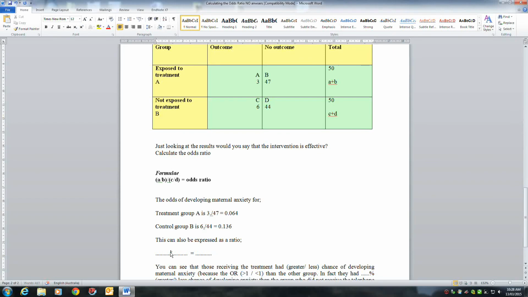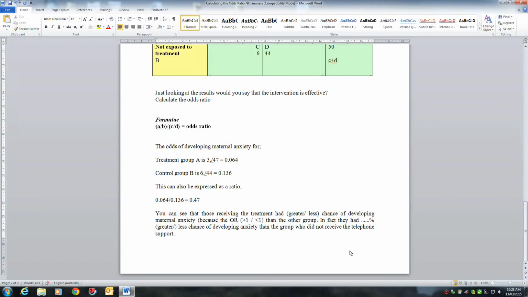So we've got our 0.064, and we need to divide that by 0.136. And if you do that calculation, you should get 0.47. So that's the odds ratio.